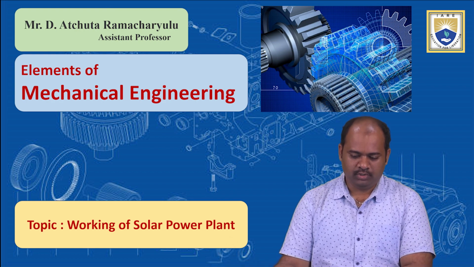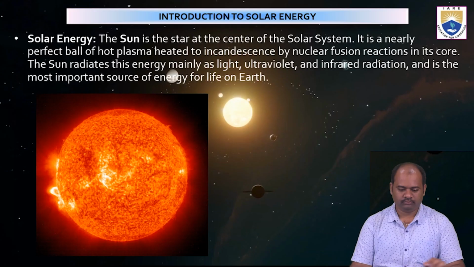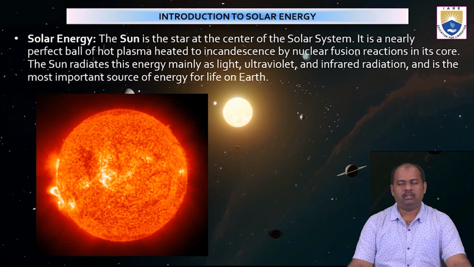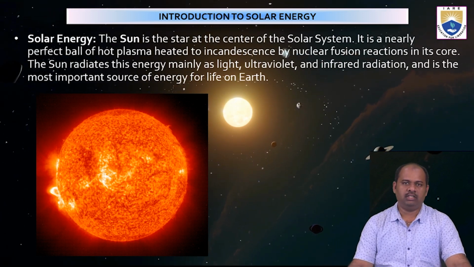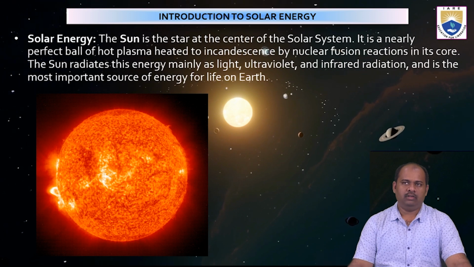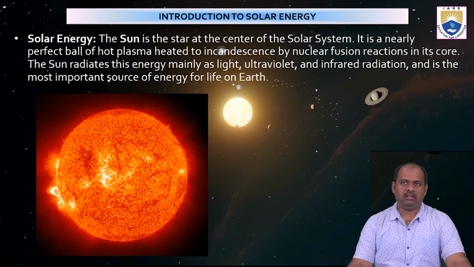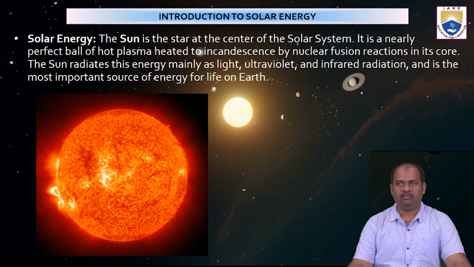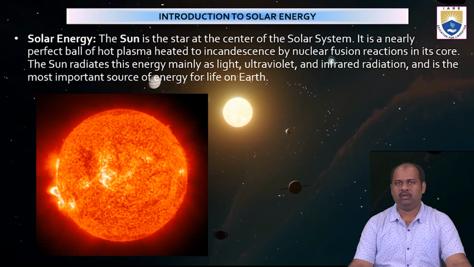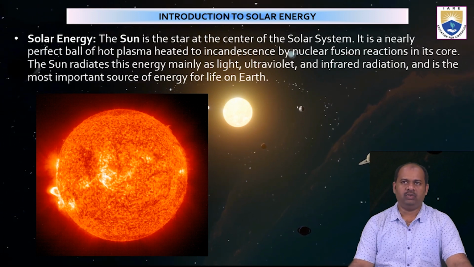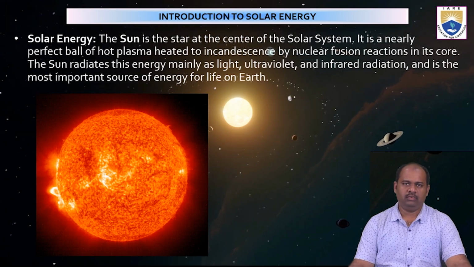In this topic, first of all, we should know what solar energy is and how solar energy is generated. You can see in this slide, the sun is the star at the center of the solar system, a nearly perfect ball of hot plasma heated to incandescence by nuclear fusion reactions.